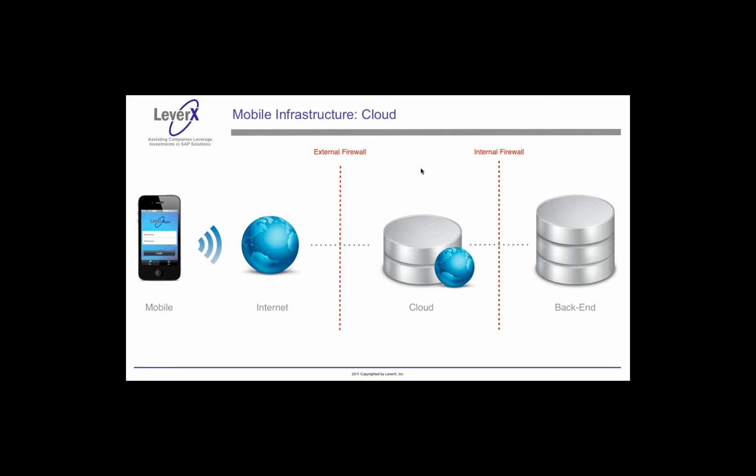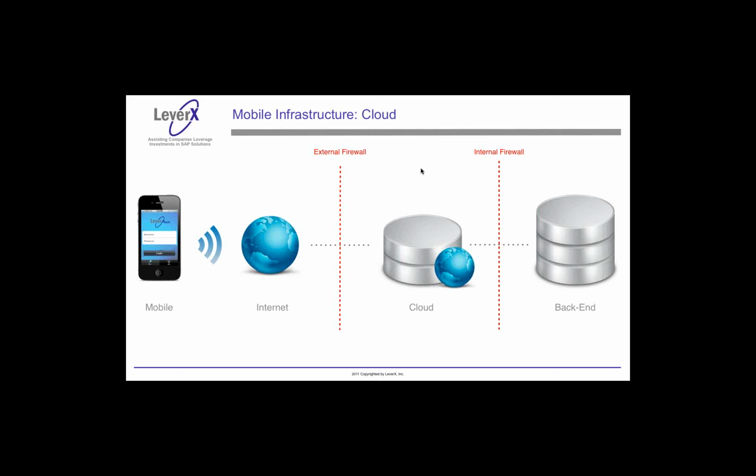So you don't have to worry about any of the maintenance costs. You don't have to worry about keeping the system. And that can then potentially also access a reverse proxy on the internal firewall side. So you have a couple of different options in terms of what you can do with your mobile infrastructure.